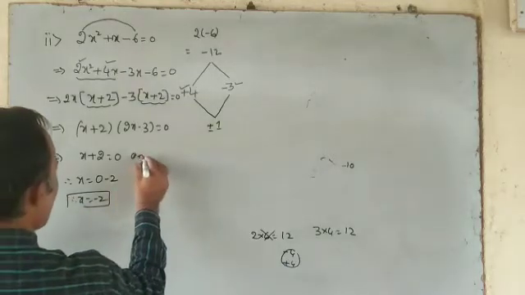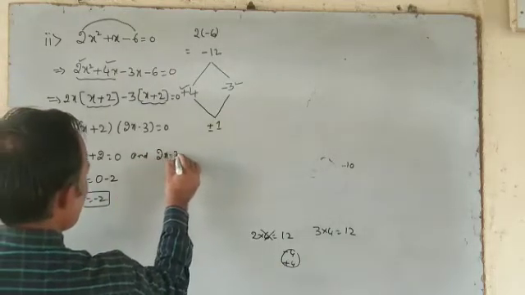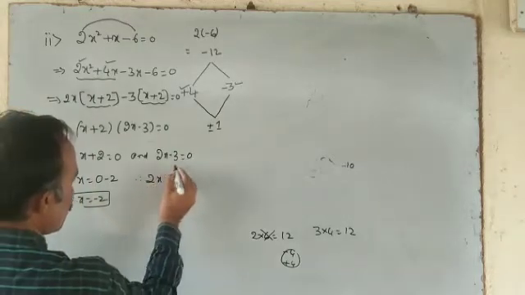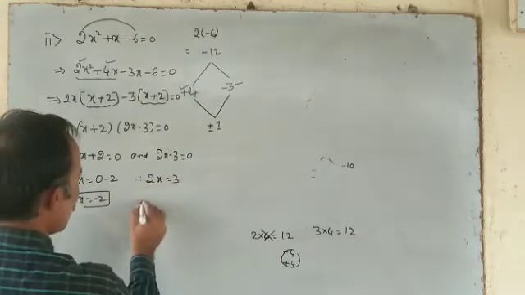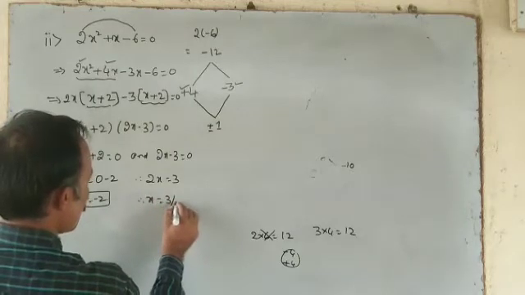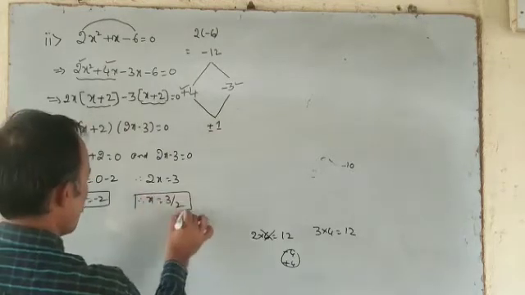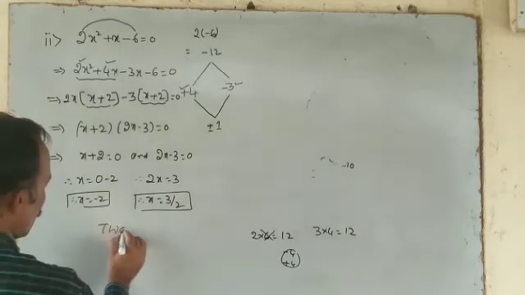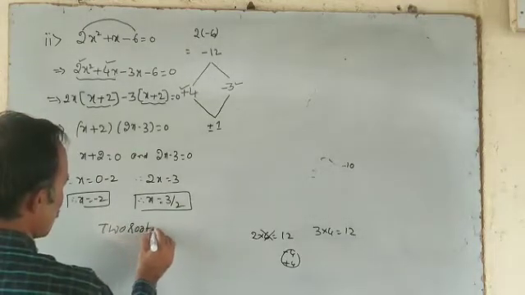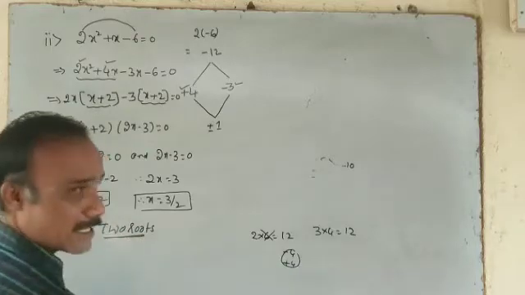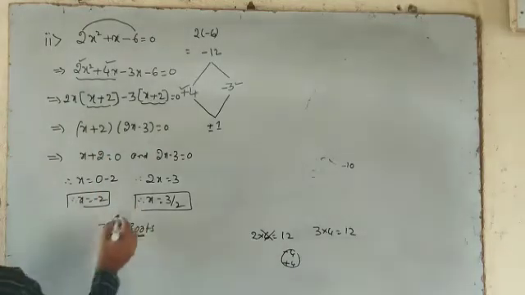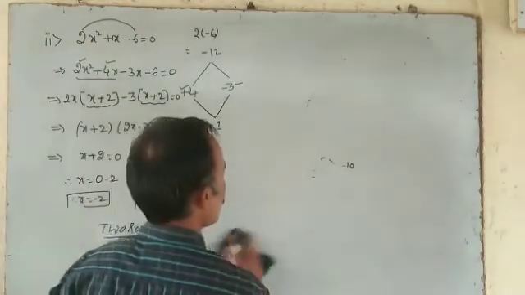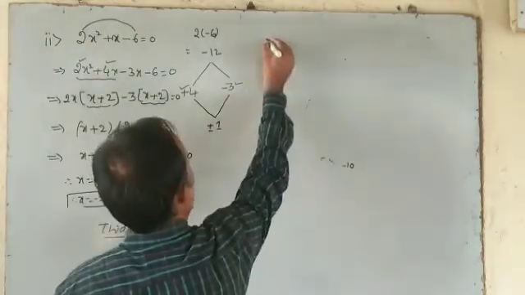And another one, 2x minus 3 is equal to 0, therefore 2x is equal to 0 plus 3, that is 3, therefore x is equal to 3 by 2. So don't forget, a quadratic equation has two roots, very important. A linear equation has one root, so these two are the roots of this quadratic equation. Okay, now next, third question.